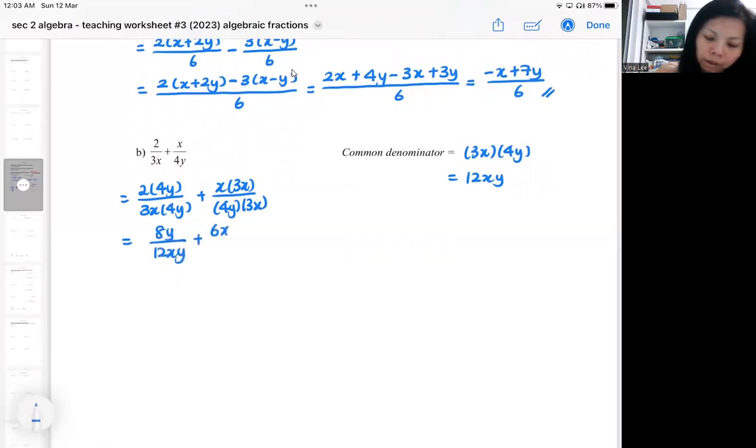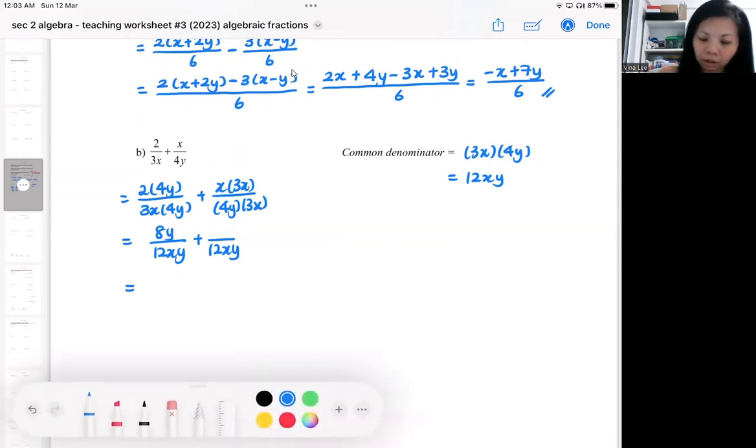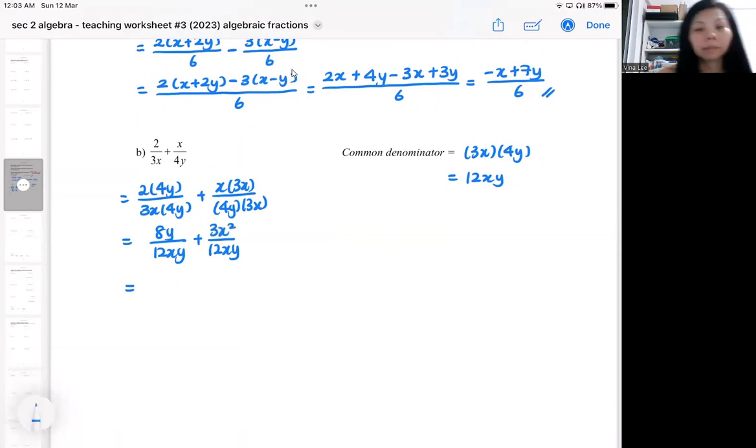Then you will get 6x over 12xy. Oh, sorry, I think I made a mistake. It's not 6x, it's 3x squared. So after you get the same denominator, it becomes a single fraction. That will be your answer. There shouldn't be any cancellation, because it's an addition on top.